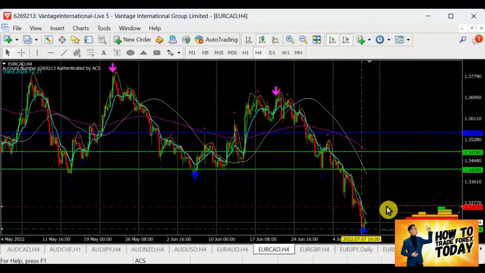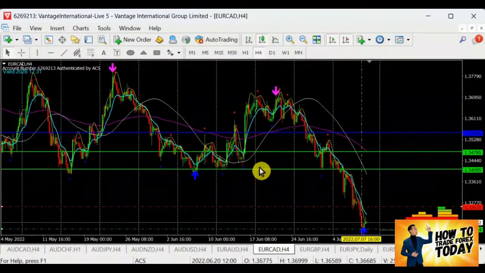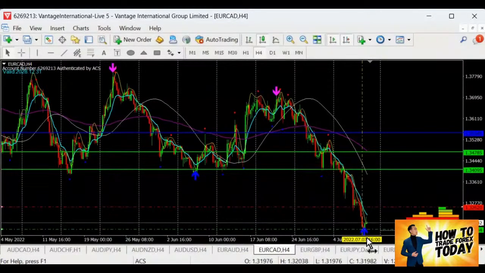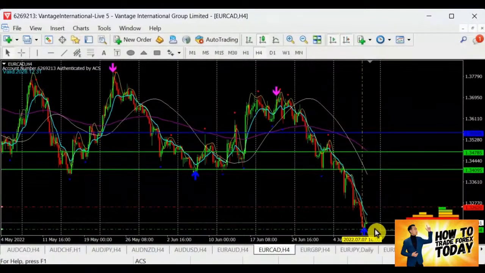So around this area, EURCAD may have a chance to pull back all the way up to the resistance level before it can start selling. Or alternatively, we can wait for it to break the support first, then we have a new resistance below, then we will start selling.